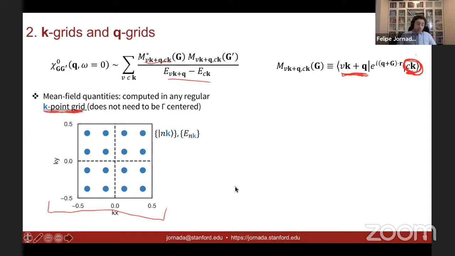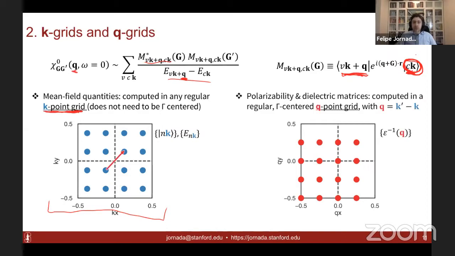However, the code also needs another grid, a grid of all transfer momenta Q. And again, we define Q as the grid that naturally appears when creating all possible differences between K and K prime. So for instance, you look at this particular K and this particular K prime, that gives you one wave vector and so on.